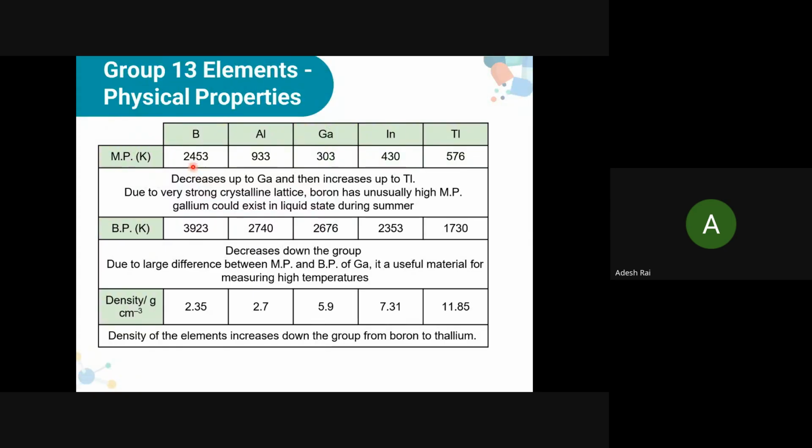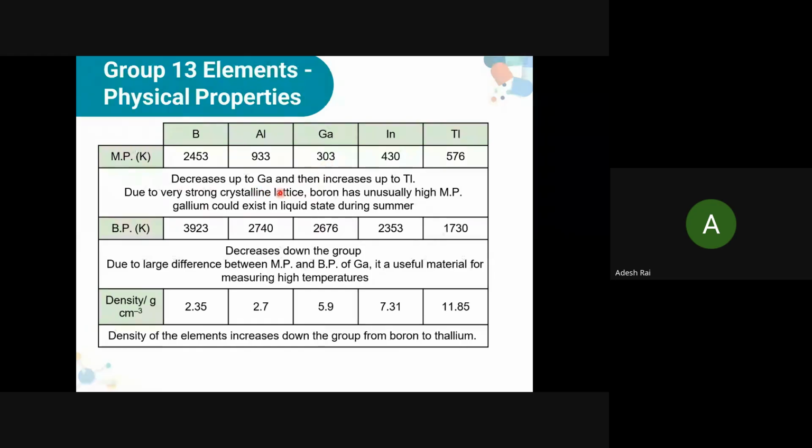Now, the melting point of aluminium is 933 Kelvin. For gallium, it is 303 Kelvin. You would have heard of gallium. If you take gallium in a tube, it will be solid only. But if you take that tube in your palm, then gallium melts because of this very low melting point, 303 Kelvin.